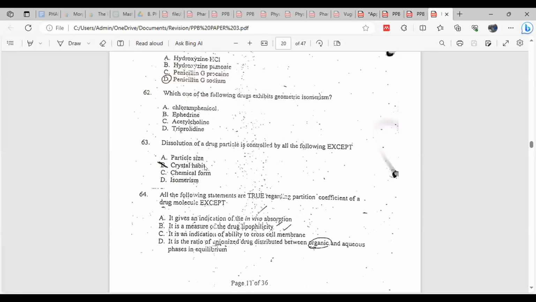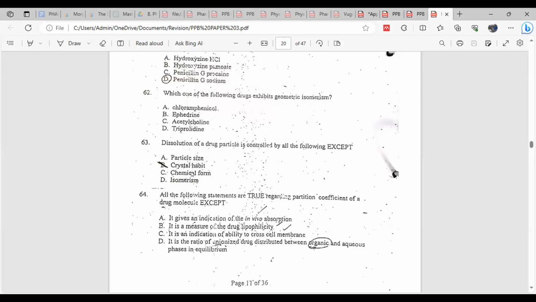Based on what you've just said, isomerism, I think it was under solubility, about the cis and trans. Yeah, isomerism was under solubility. Cis is more soluble due to a lower melting point. I don't think isomerism affects dissolution. Chemical form does.